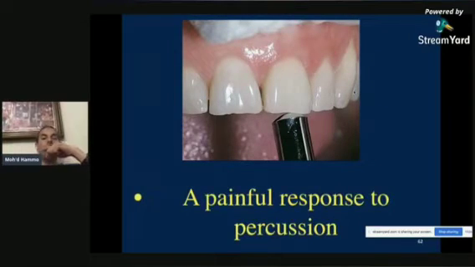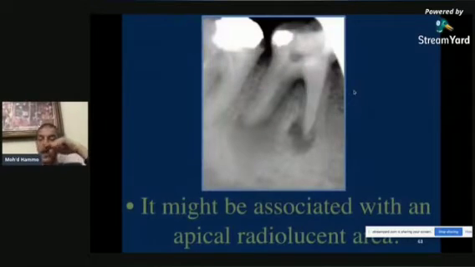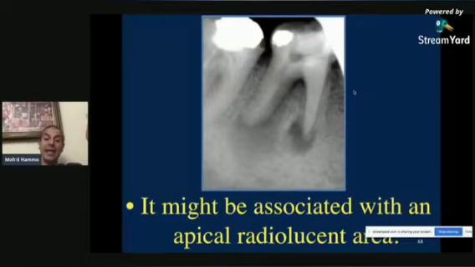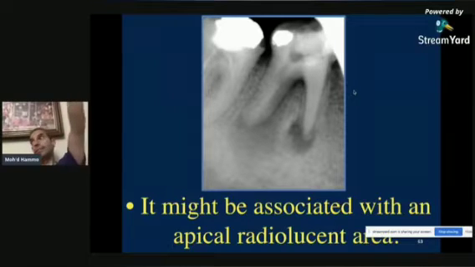If we check the percussion with the handle of the mirror, what will happen? Painful response. If you tap, the patient will feel severe pain on percussion. If you are taking an X-ray, you might notice we have apical periodontitis like in this X-ray.